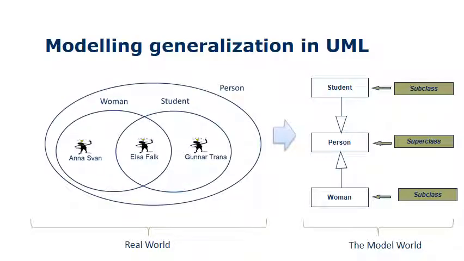In UML, you model generalization and specialization in the following way. Use a certain type of arrow, as you can see here. We have the person class, which is sometimes called superclass, and then we have the more specialized classes, which are sometimes called subclasses.